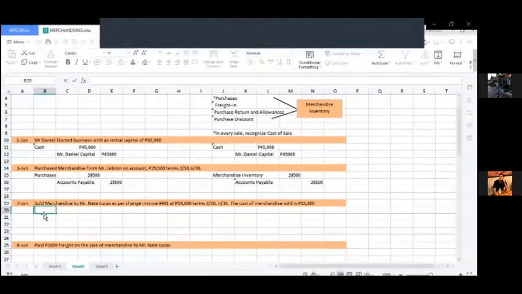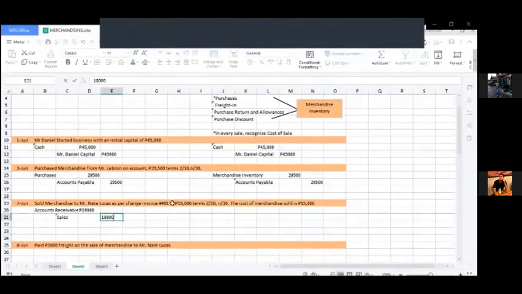So anong magiging entry natin kapag periodic inventory system? Magiging entry natin dyan is may sales tayo, kaya may receivable tayo. Accounts receivable, and may sales tayo. Magkano yung amount? 18,000. And 18,000.